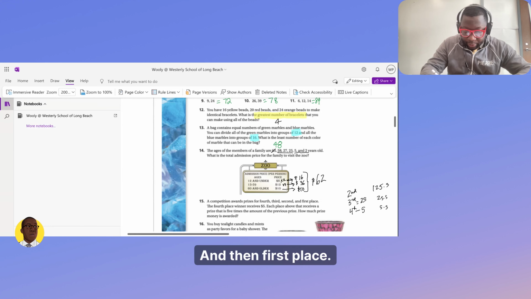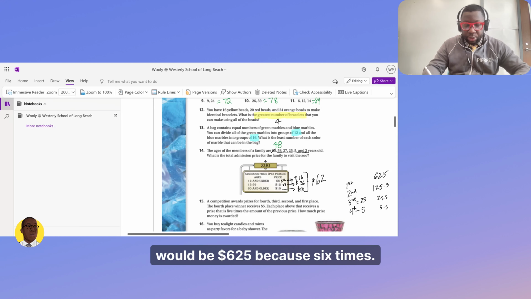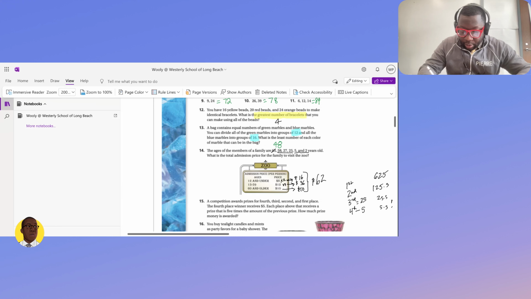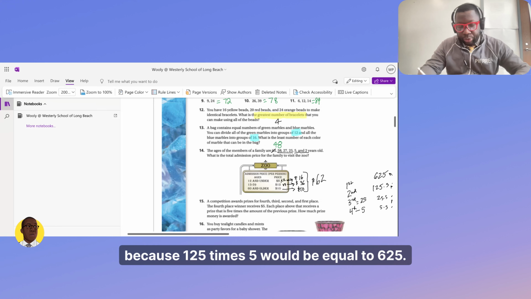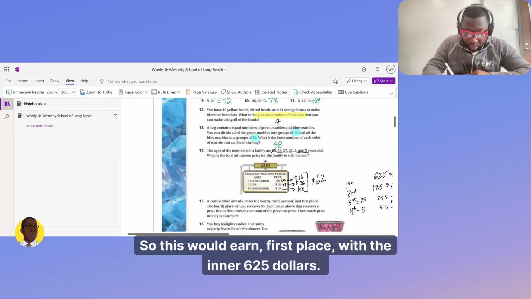And then first place would be $625 because 125 times 5 would be equal to 625. So first place would earn $625.